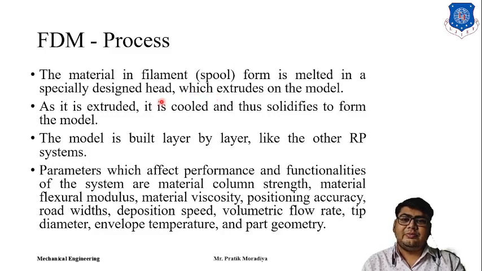It will not be entirely liquid, but a very thick liquid. This will be extruded, cooled and solidified to form the model. The model will be built layer by layer, same as other rapid prototyping systems.